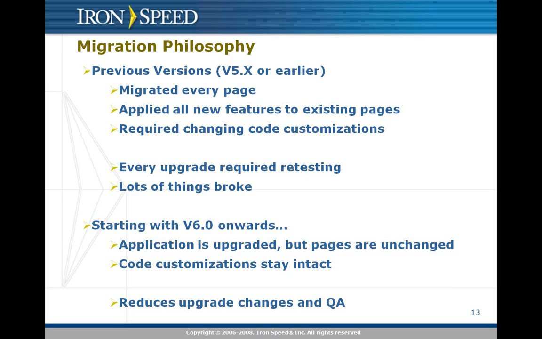That was really good. The bad part of it was that you had to go through and test and retest every one of those pages of your application because now a new feature had been added. Maybe it messed up the look and feel of the page. Maybe you did not want that feature. Maybe that feature was already something you had implemented in the code customization, and so on.